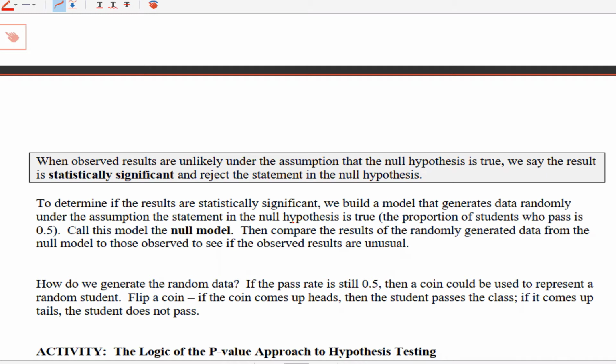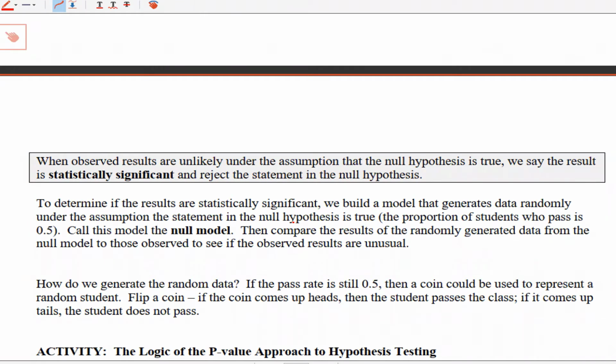And of course, this begs the question, how do we actually generate this random data? We're going to learn two methods for doing so, but this particular problem lends itself nicely to using a coin flipping applet, or literally a coin if we wanted to. You see, we're assuming 50% of the students are going to pass the course.